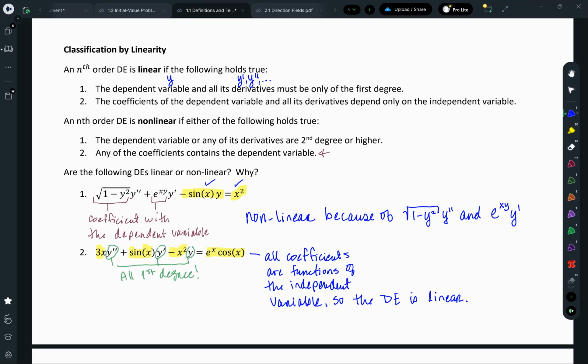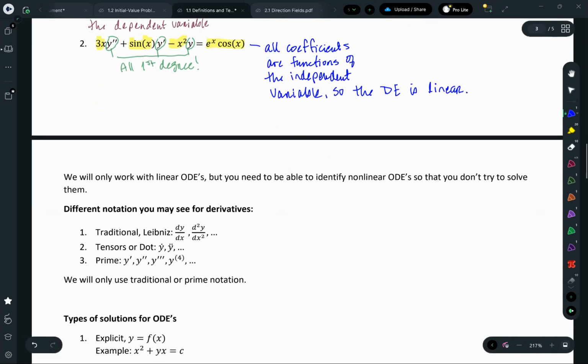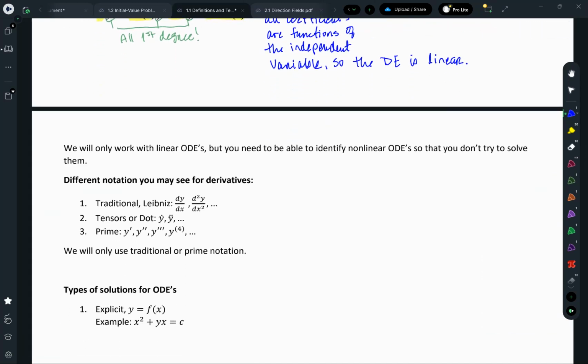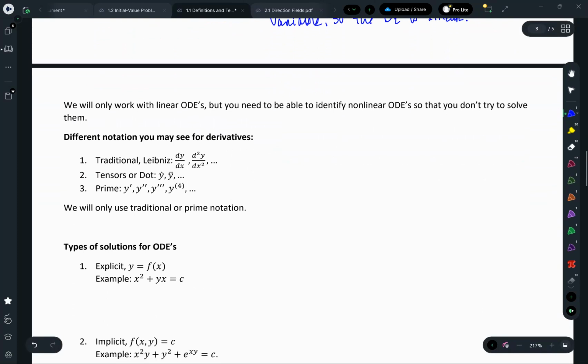Obviously, I'm spending more time with these than you might have to in any sort of homework, but I just want to make sure to address all the finer points. All right. We're only going to work with linear ordinary differential equations. We do not want to work with nonlinear, and we do not want to work with partial differential equations because this class is the class of introduction, right?